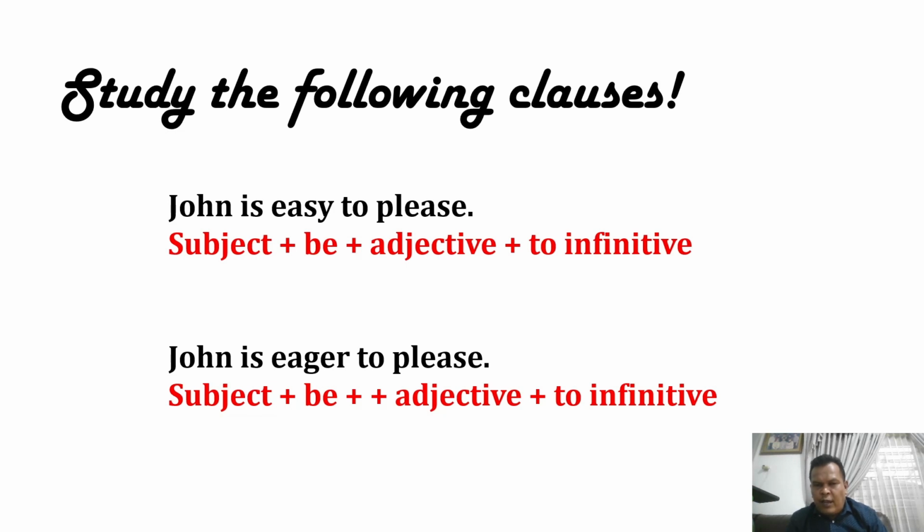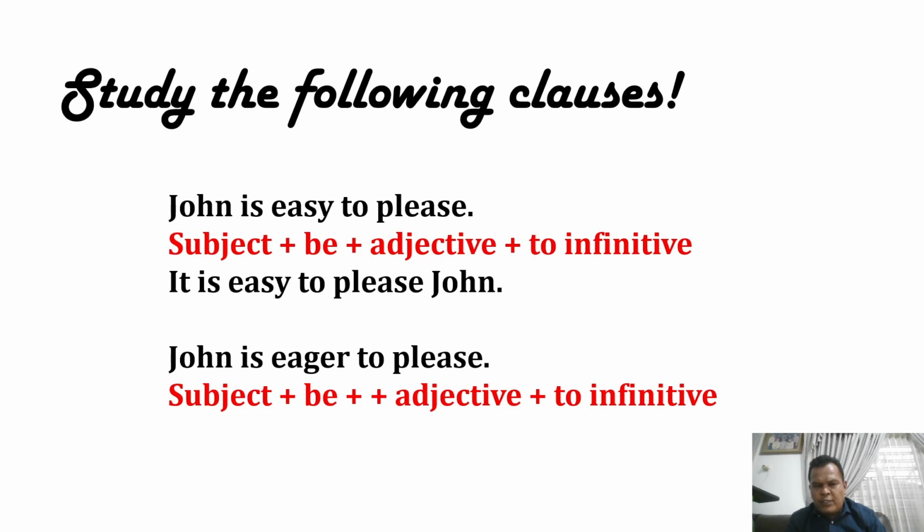However, when these two clauses are constructed using a different structure, they don't have the same meaning. In other words, one of them is acceptable based on its meaning, but the second clause is not acceptable.